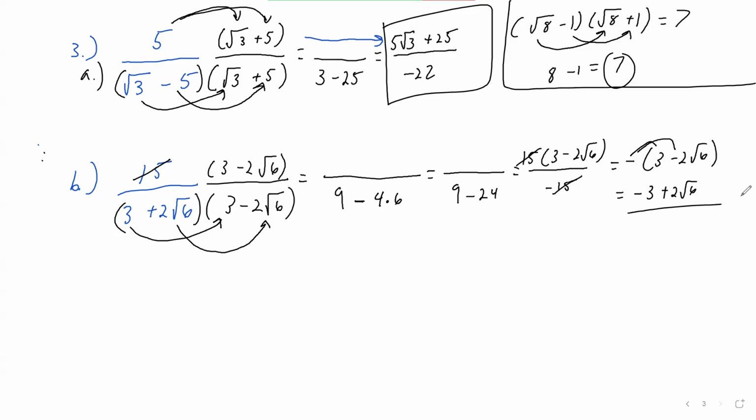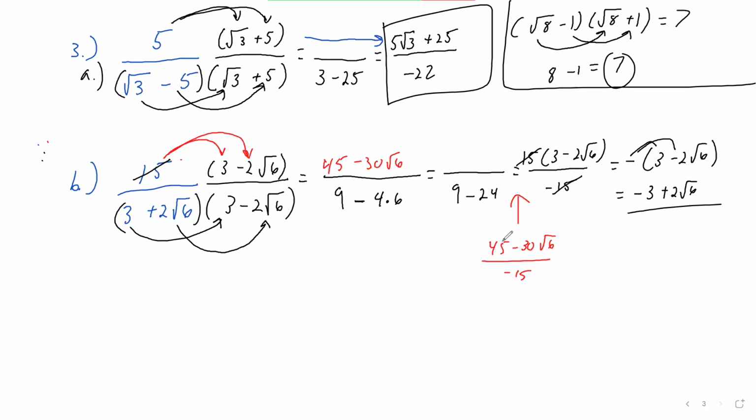Now, if you didn't notice it, you could have still distributed it, and it would look like this. Alternatively, we'll do it in red. I could have done 15 times 3, which is 45. 15 times 2, which is 30. And when I got to this point, I would have had 45 minus 30 square root of 6 over negative 15. And we always want to make sure we're simplifying.